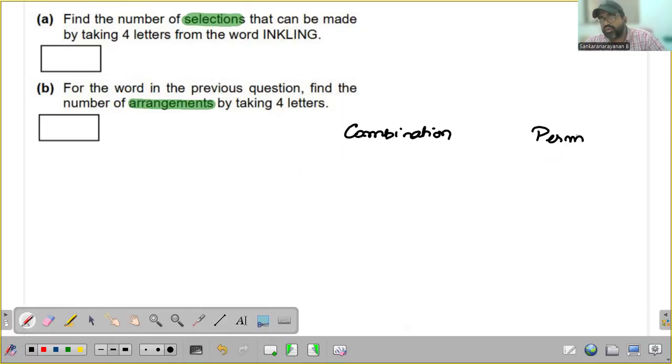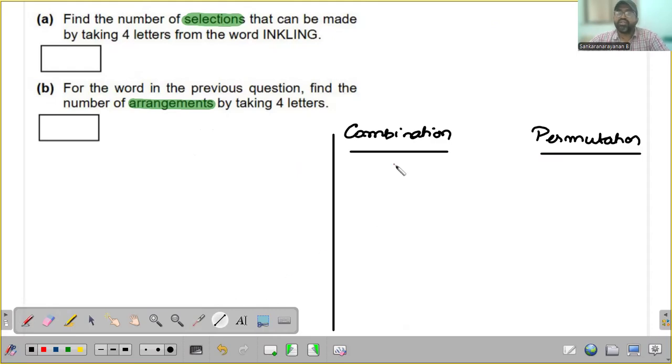Please note, only after selecting those required letters with certain conditions, we can arrange them, right? So that's why I'm writing combination first and then dealing with permutation. So once I select them, then it is just a matter of arranging them, right? So I'm just focusing on selecting them in the first phase and then arranging them in the second phase.